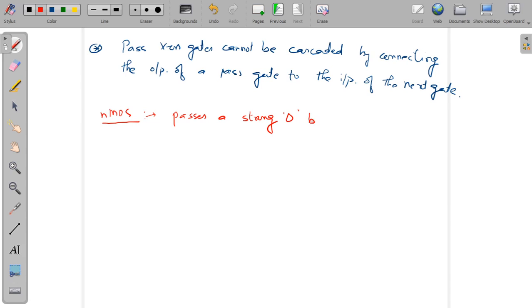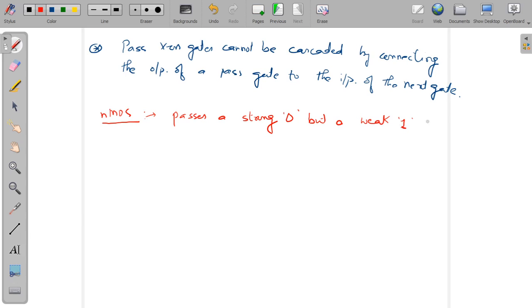But it passes a weak 1. It will pass the logic high value, but as the logic high value passes through NMOS pass transistors, the value gets degraded. NMOS passes a strong 0 but a weak 1.